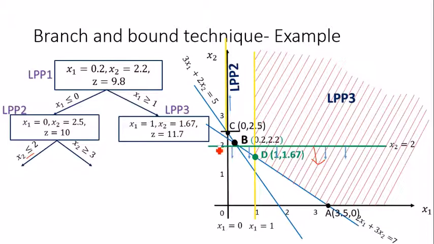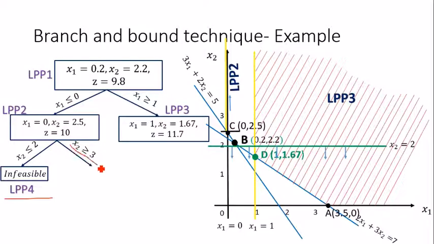You can clearly see the downward region below the line x2 equals 2 has no intersection with the feasible region of LPP2, because that is starting from point C upwards. Since there is no common region, this is infeasible. We call it LPP4, but LPP4 is infeasible. Obviously when you get an infeasible node solution, we cannot do further branching.